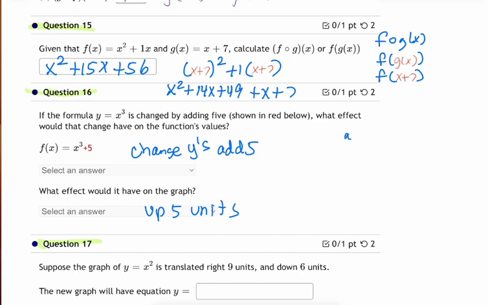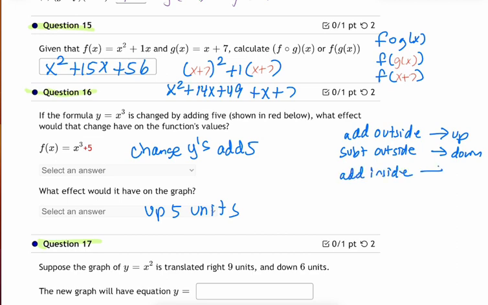So add on the outside, moves up. Subtract on the outside, move down. Add on the inside, goes left.